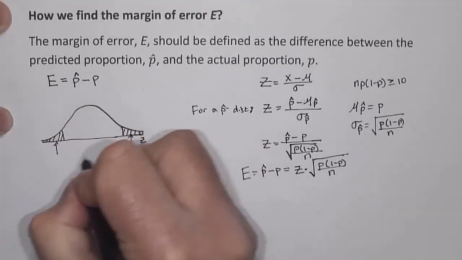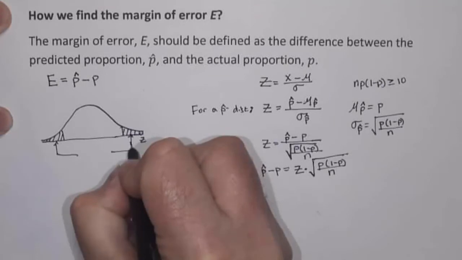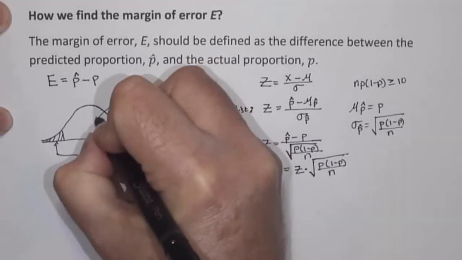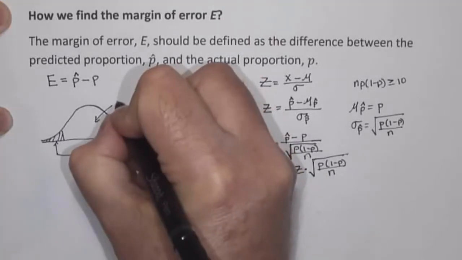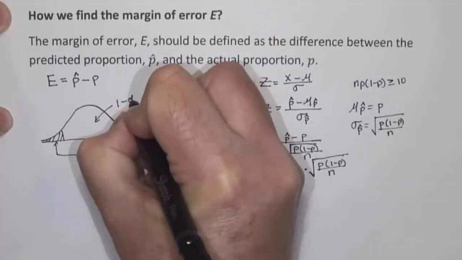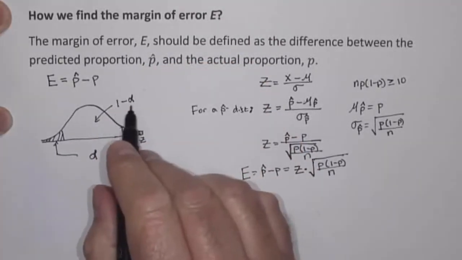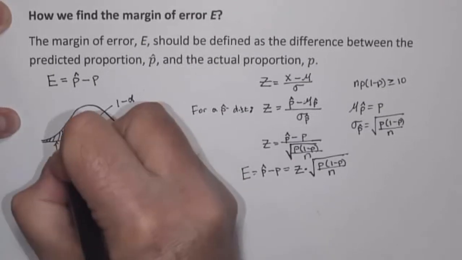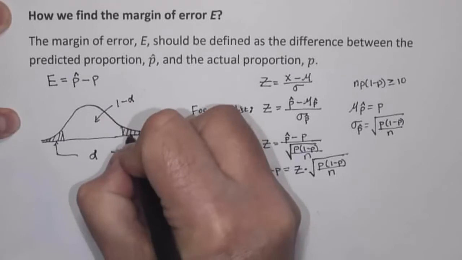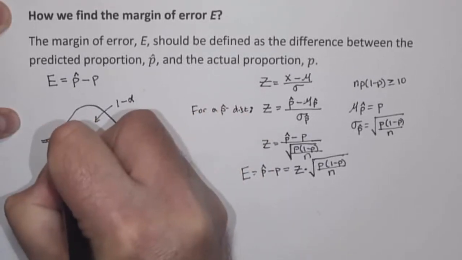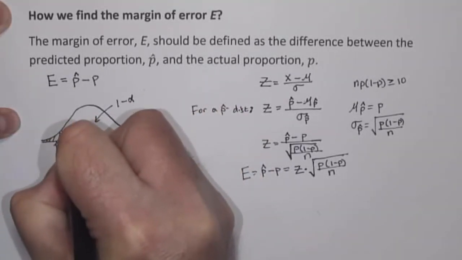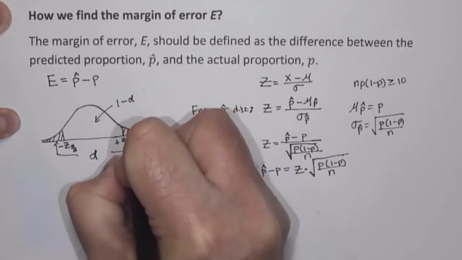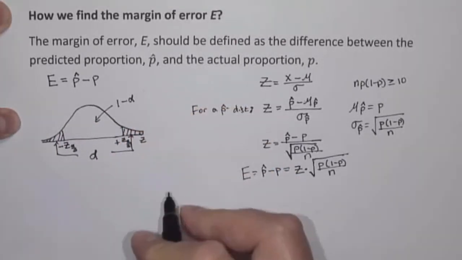If the total area in the two tails is alpha, then that means this area in between the two tails is 1 minus alpha, and that's the notation we've been using for our level of confidence. So this z-score right here would be negative z sub alpha over 2, and this would be positive z sub alpha over 2.